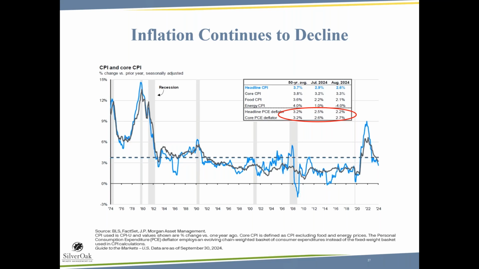Now, of course, the core, and the core has been more sticky, is a bit higher. And I think there's a fear that if the Fed starts to cut rates too quickly, that we could see another kind of mini surge in inflation. So, but the overall trend is suggestive that we're coming down.